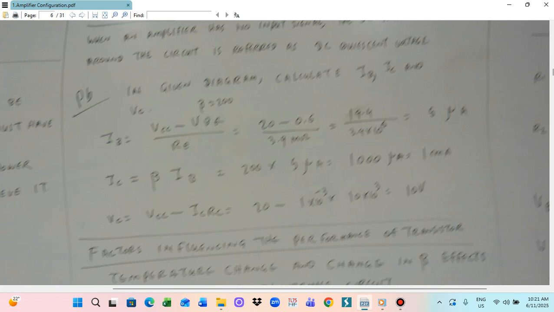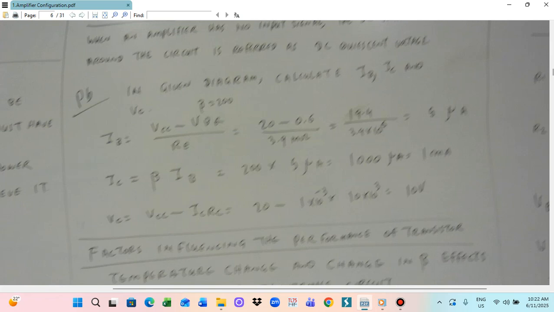Biasing circuit means that we prepare the amplifier to be ready for work. After that, we can supply the input signal to the base, so this signal can be amplified. This is the way the amplifier works. So this is the transistor biasing situation with a DC connection. We only supply the DC biasing voltage; we haven't applied any AC signal yet.